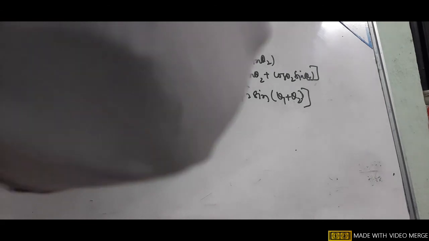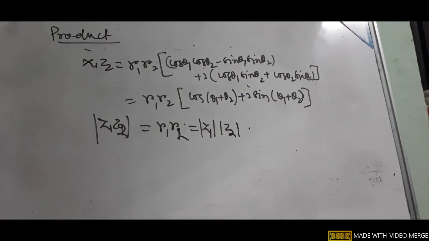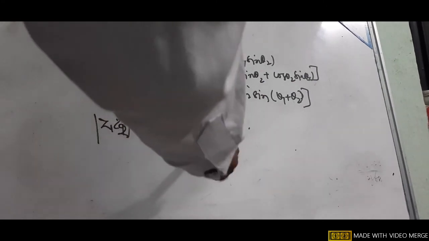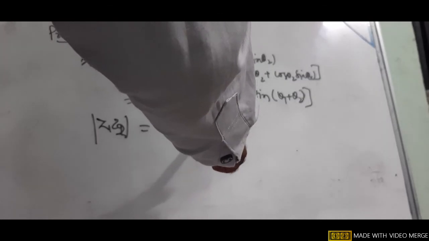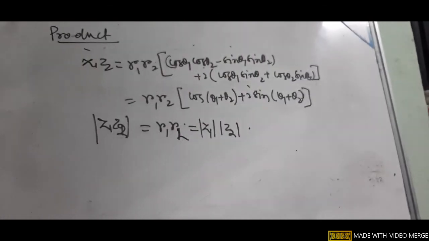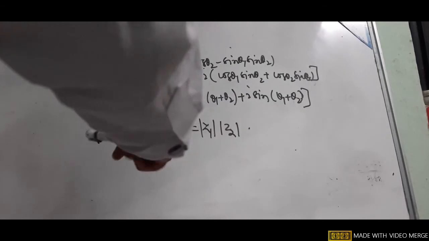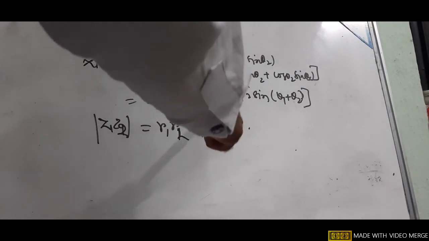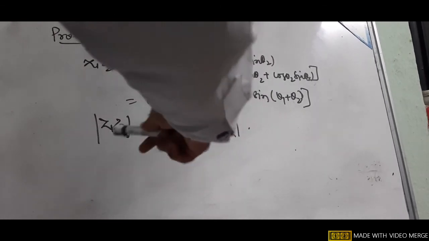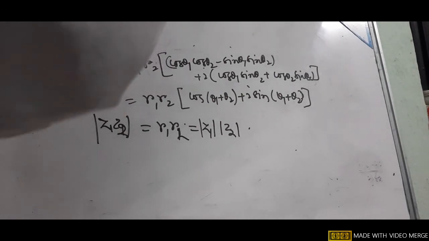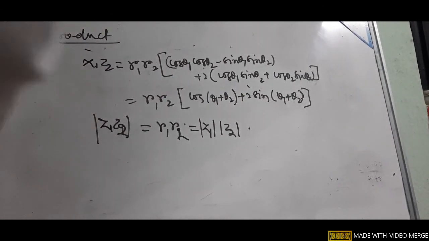So if you take the modulus of the product of the two complex numbers, that is equal to the product of their moduli, and the argument of the product of the two complex numbers is the sum of their arguments. So this is about the product of the two complex numbers.